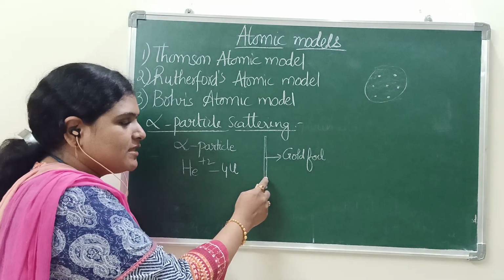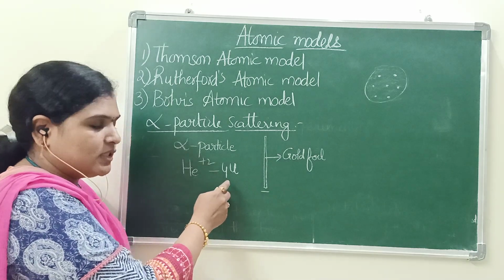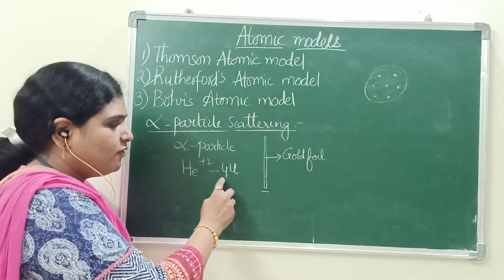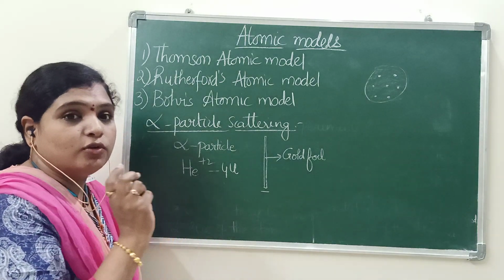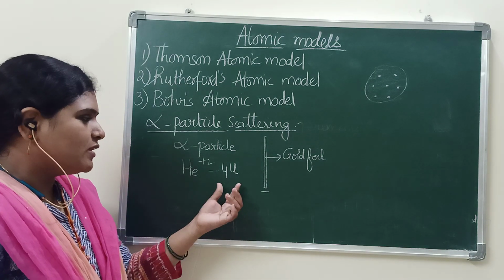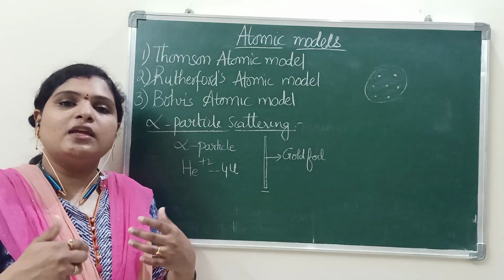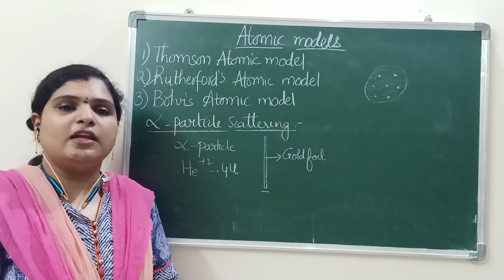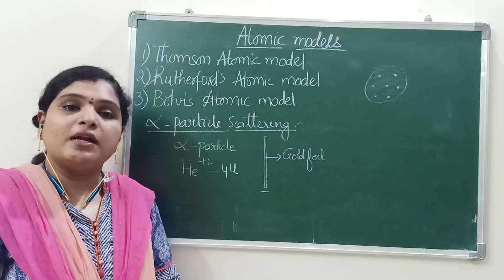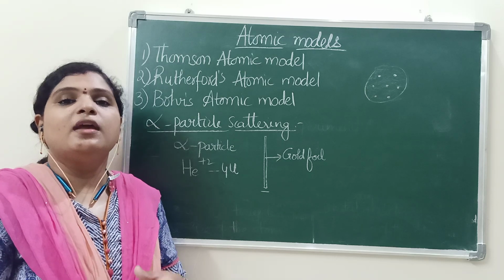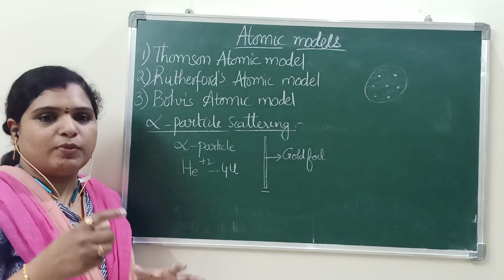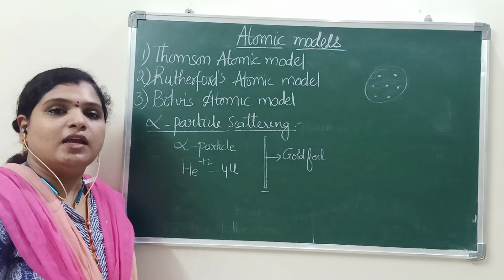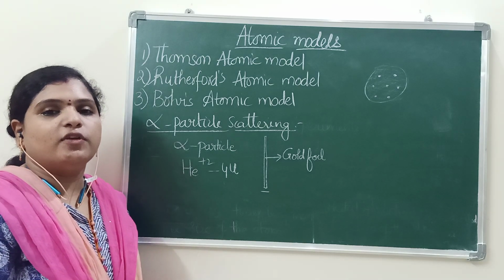And as the mass of the proton is 1 unit compared to 4 units for the alpha particle, the mass is obviously higher for the alpha particle. So he expected that it may show deflections, but the deflections may not be high. He expected like that, but he got completely different results.